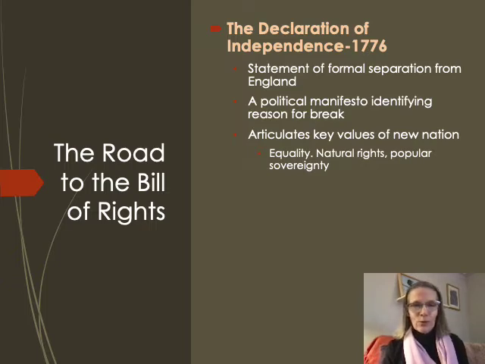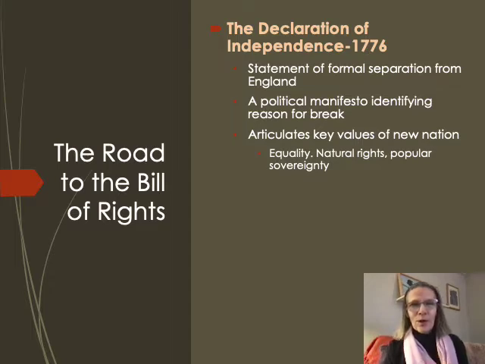And for those of you who have taken my American government class, you're very aware of that. Those key values outlined in the Declaration of Independence are that all people are created equal, that they are endowed by their creator with natural and inalienable rights, and that this is going to be a form of government where the power comes from the people, not from the sovereigns, not from kings or queens, okay?